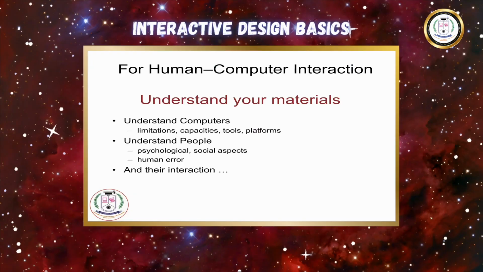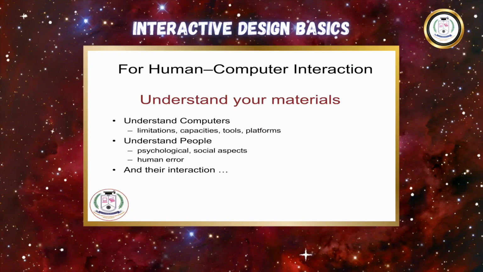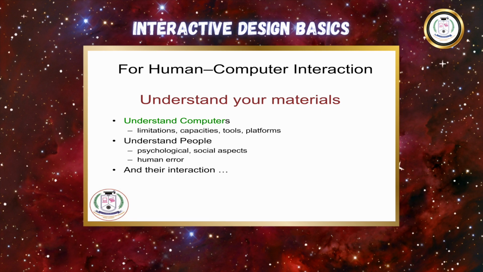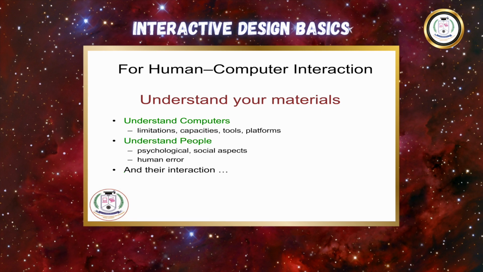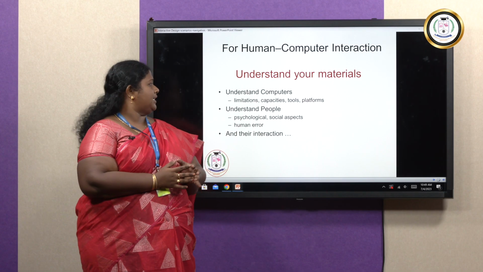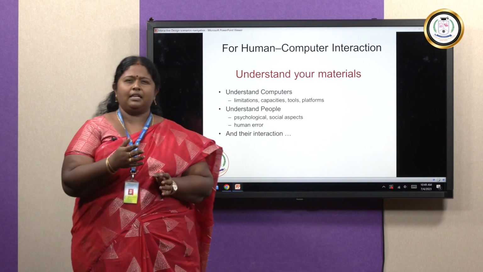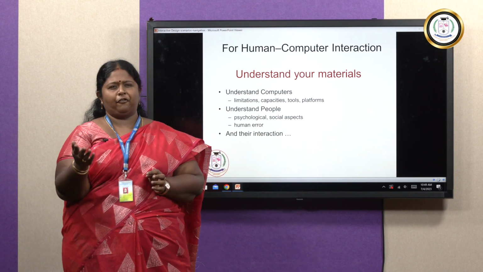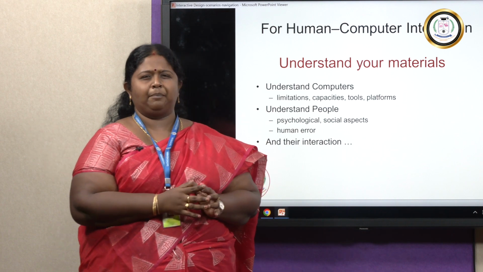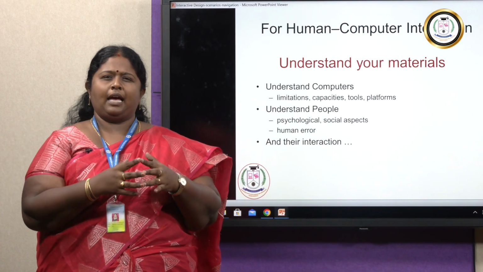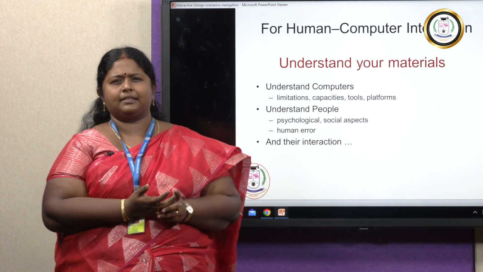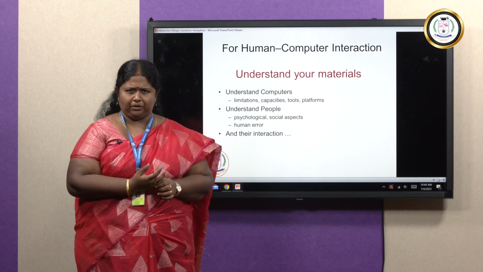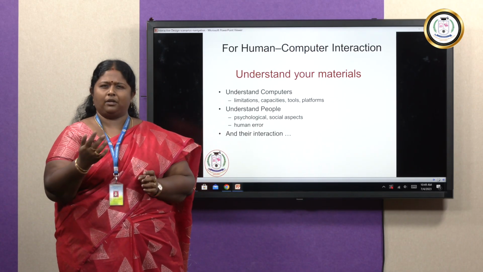So, understanding your material has 3 components: understanding your computer, understanding your people, as well as the interaction. Understanding the computer here means the limitations, the tools, the performance. Another example, I'm designing an app, for instance, any game. Can I just say the app which I'm going to design should always work with an Oculus?